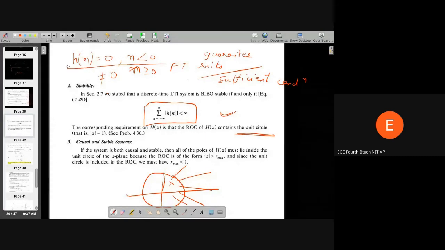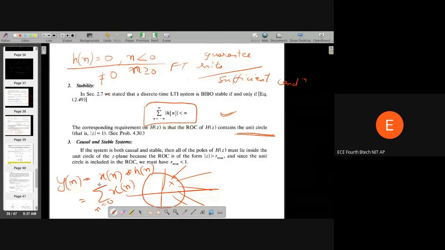In this case, if you do simple convolution, y[n] equals x[n] convolved with h[n], you will find that your output is always dependent on your current input and all your previous inputs.